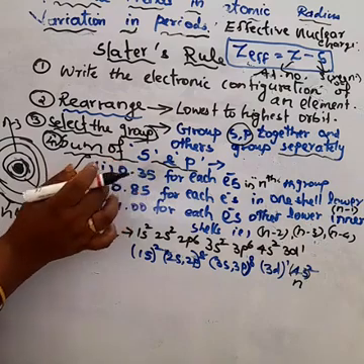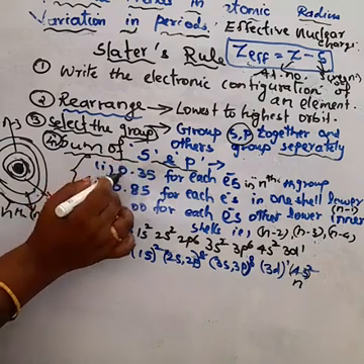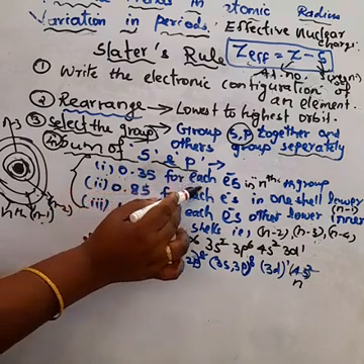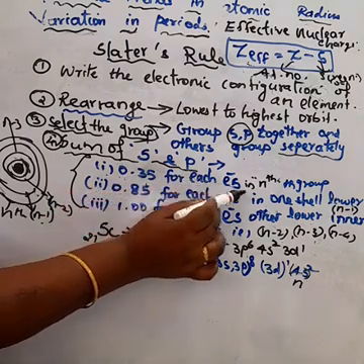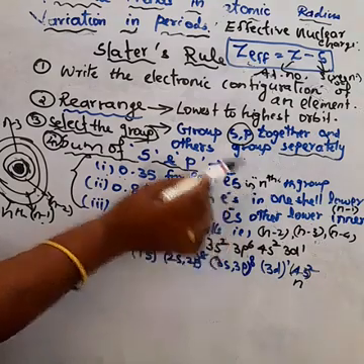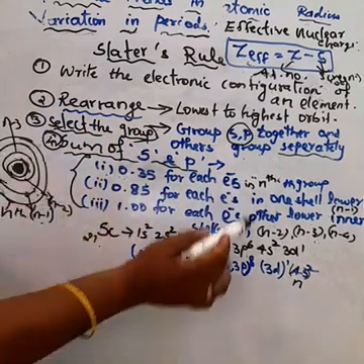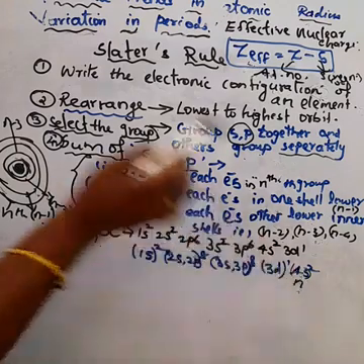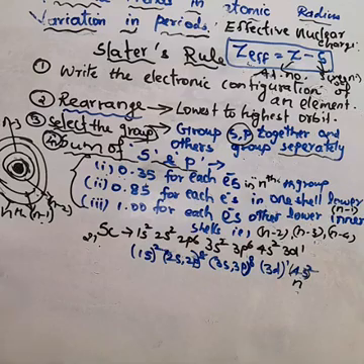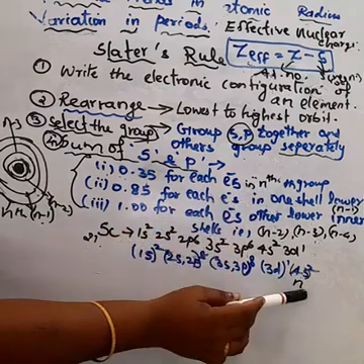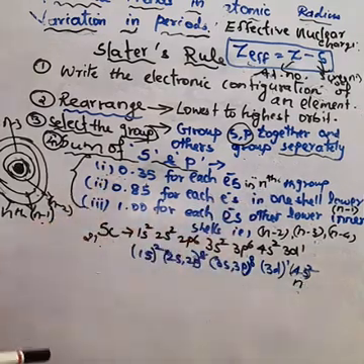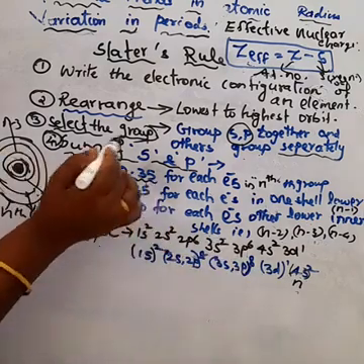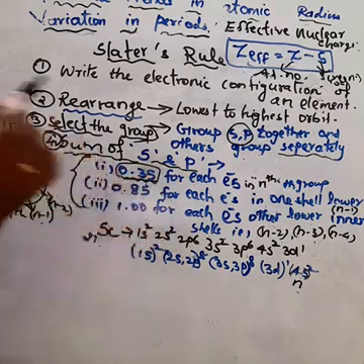What are the values? 0.35 for each electron in the same group.